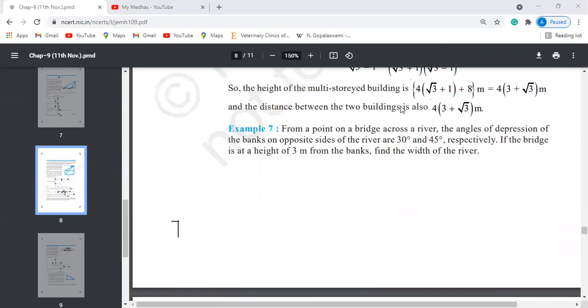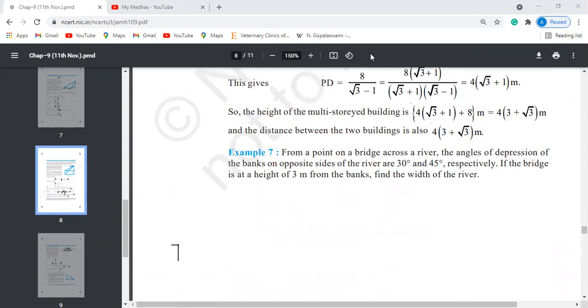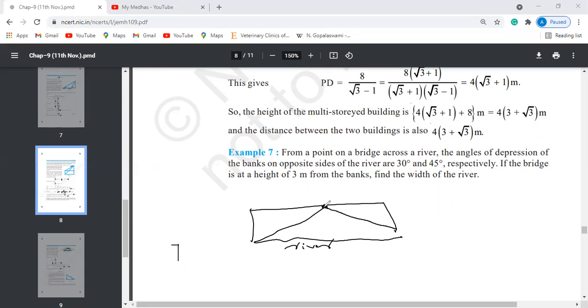See, from a point on a bridge, for example, there is a bridge like this, okay, and we have a river here. This is a river, okay. So from a point on a bridge across a river, the angles of depression of the banks on the opposite sides of the river are 30 degree and 45 degree.